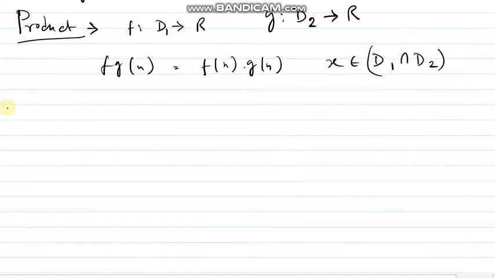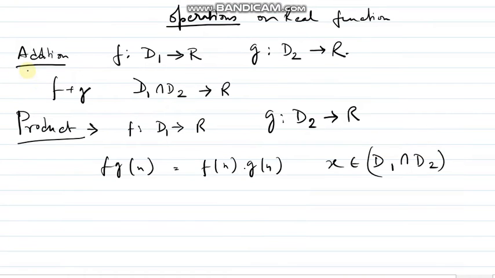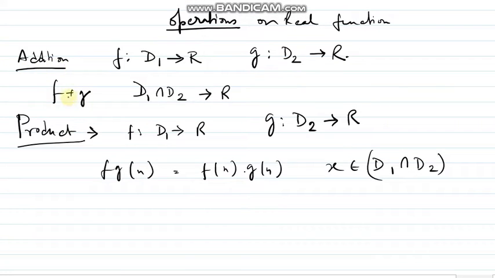Now the difference: same thing is going to happen as in addition, f minus g will be d1 intersection d2 to r.